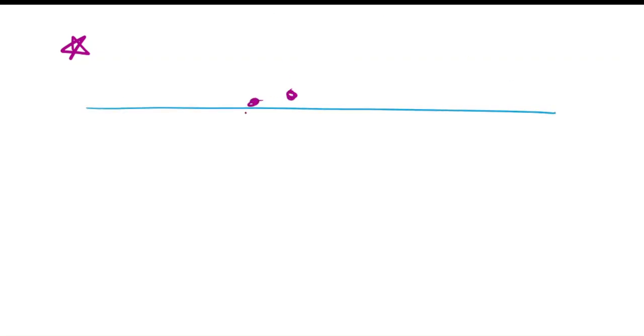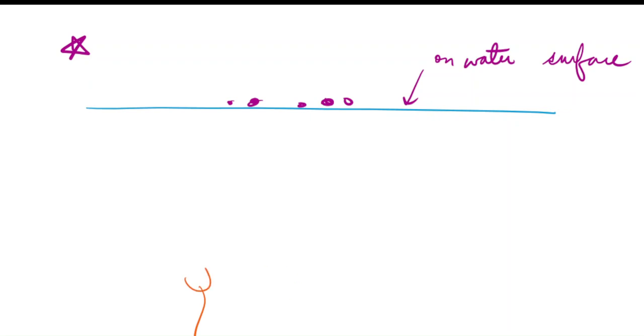Now in Vallisneria, what actually happens? The pollens are represented in pink color, which are present on the water surface. And the flower is submerged. Obviously the male and female parts are on different plants.